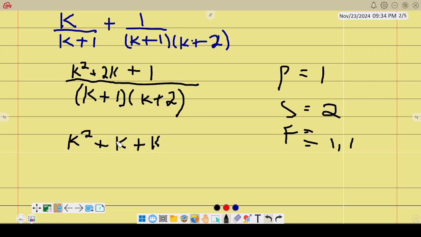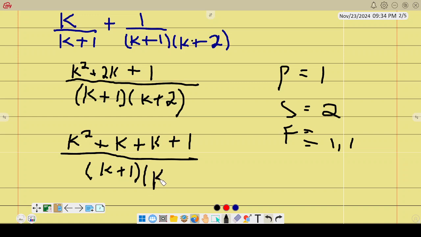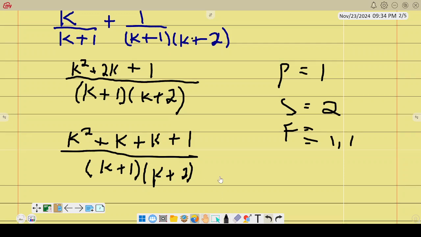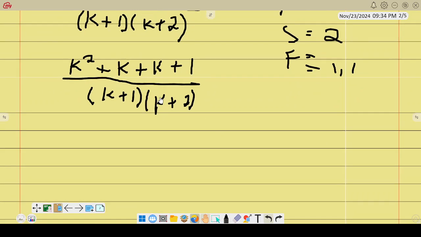These are our factors because 1k plus 1k is 2k, plus 1, everything over k plus 1 times k plus 2. Okay, so from here we can factorize. We can factor here.